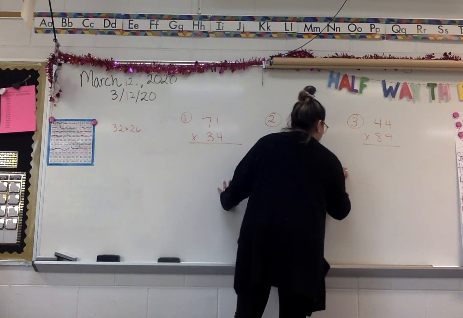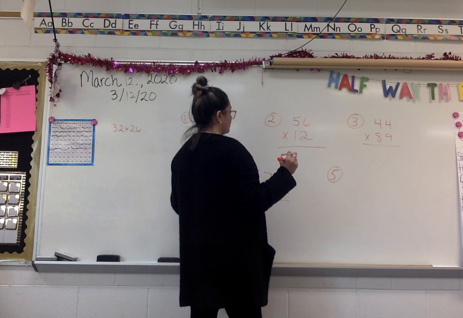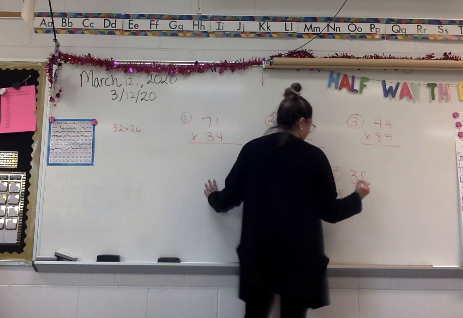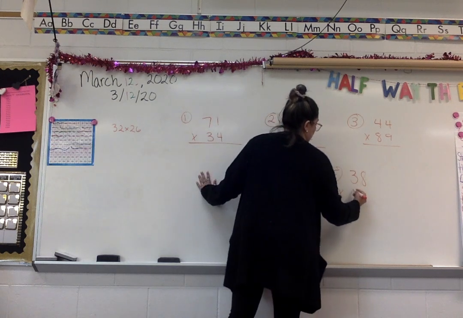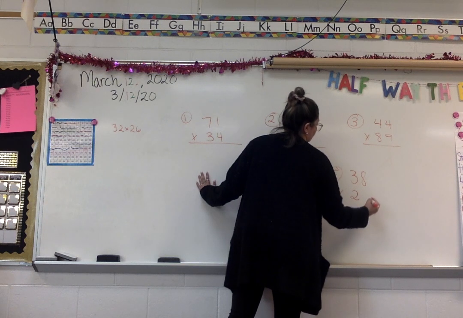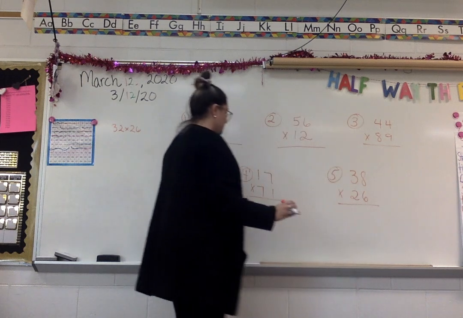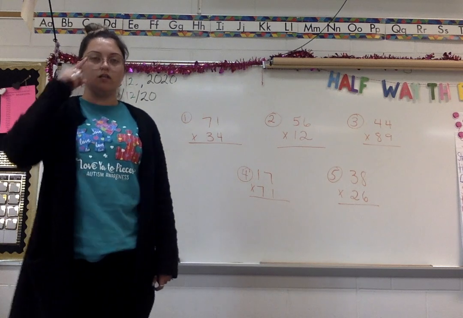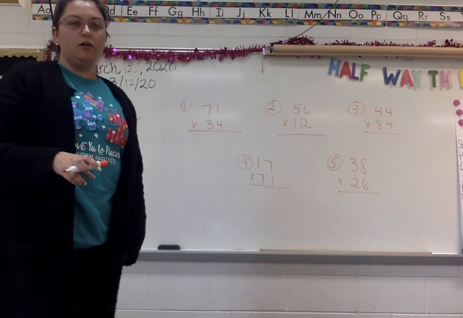And then number five, let's do, what number don't I see a lot of? 38 times, let's do 26, okay? So that one is 38 times 26. So again, I will put them in the description down below if you need them, because I know they're backwards and kind of awkward to try to figure out.